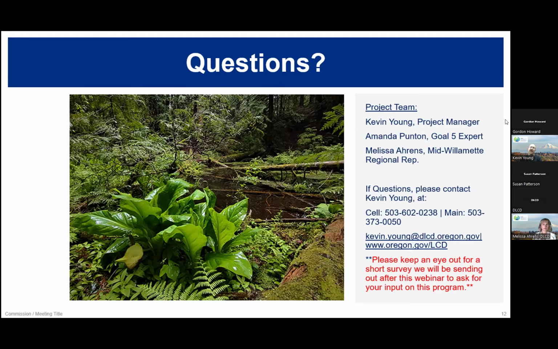I'll just say, broadly speaking, we're looking for consultants who are able to do the broad breadth of the types of work we've described, all the way from wetland delineations and determinations of uplands, through local wetland inventories, to developing Goal 5 programs in coordination with local governments.